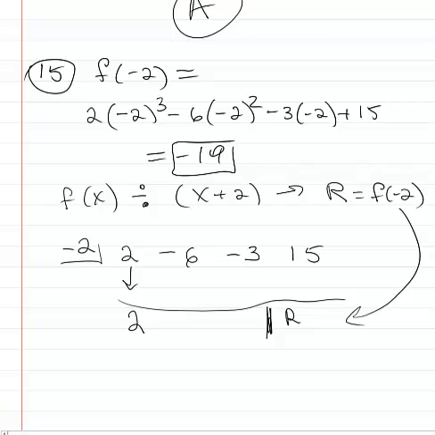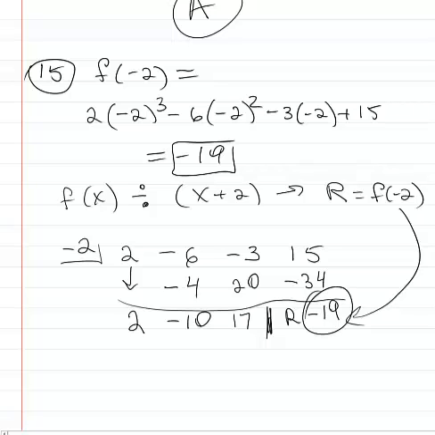So now if you bring down the 2, then you get minus 4. Here you get negative 10. Then you get the 20. Then you get 17. Then you get minus 34. And minus 34 plus 15 gives us minus 19 as expected. You see it? Minus 19.